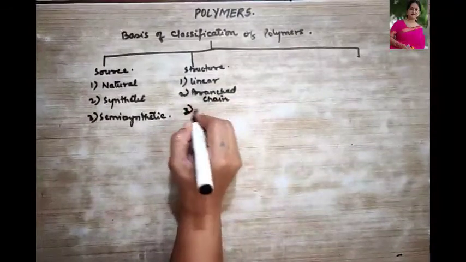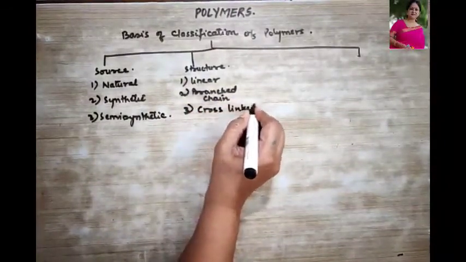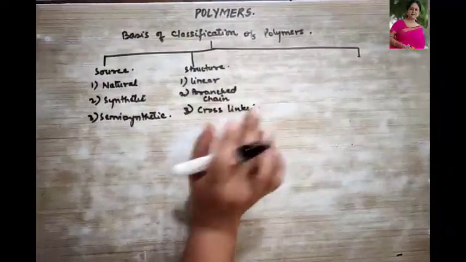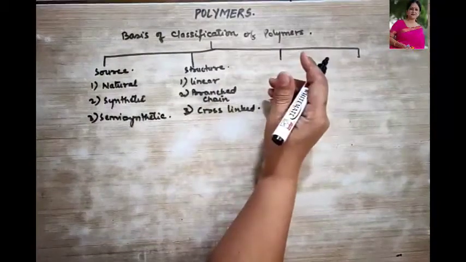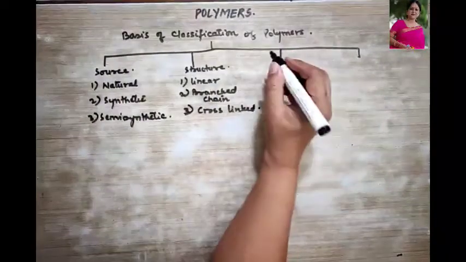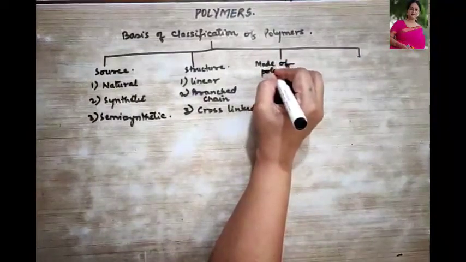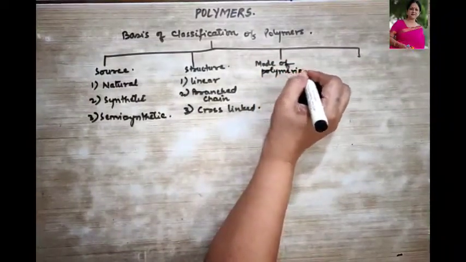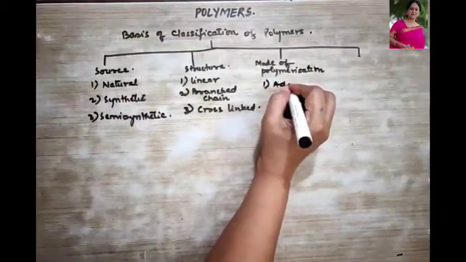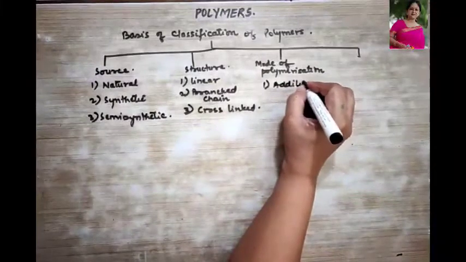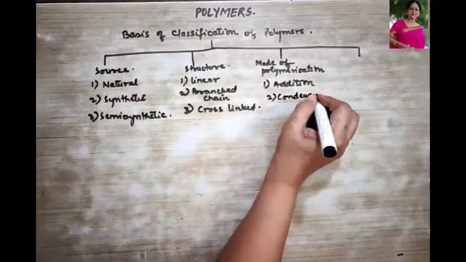They can also be cross-linked or the network kind, that we will study later. Then they can also be classified on the basis of the mode of polymerization, like addition polymerization or condensation.